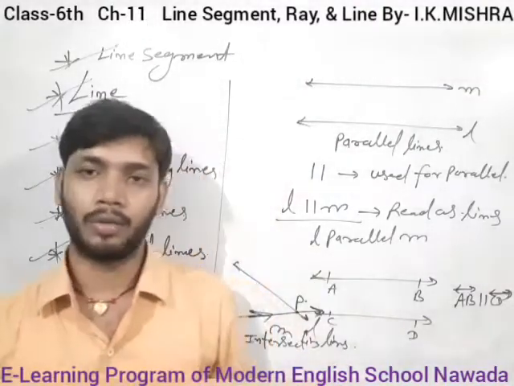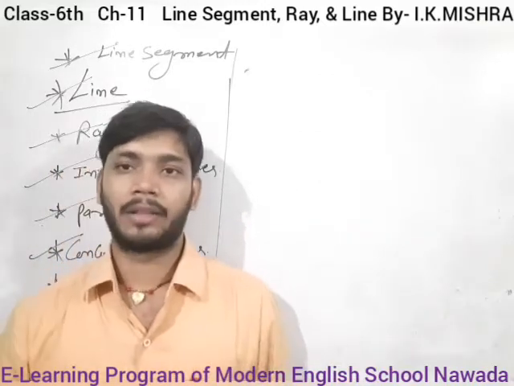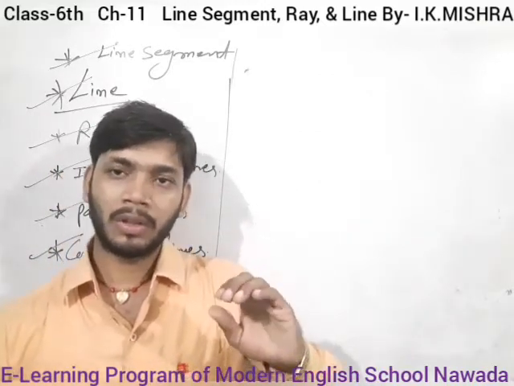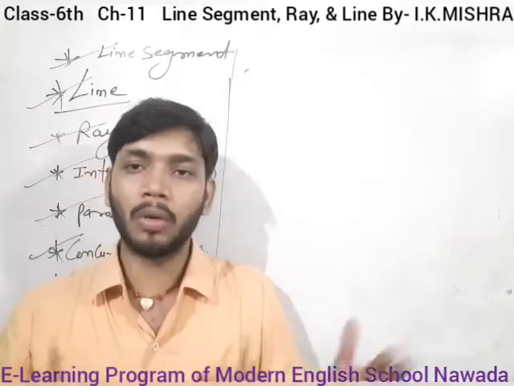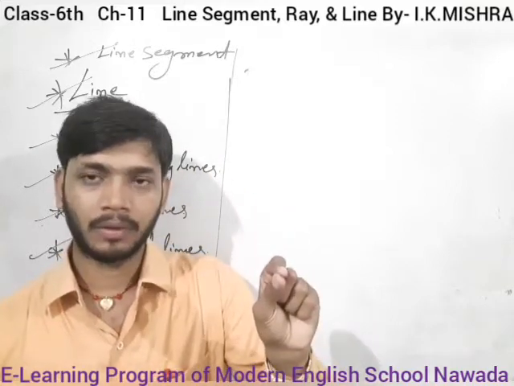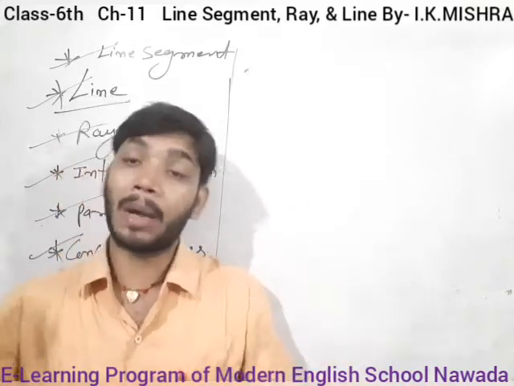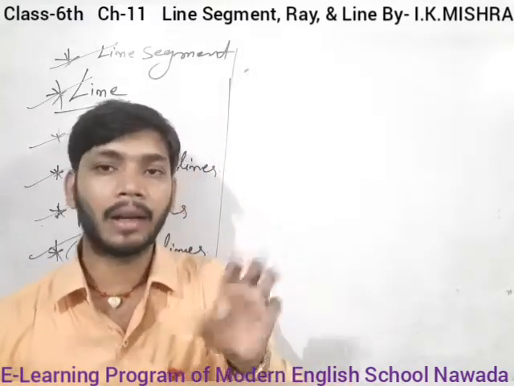Here, know what concurrent lines are. Three or more lines passing through a common point are known as concurrent lines.